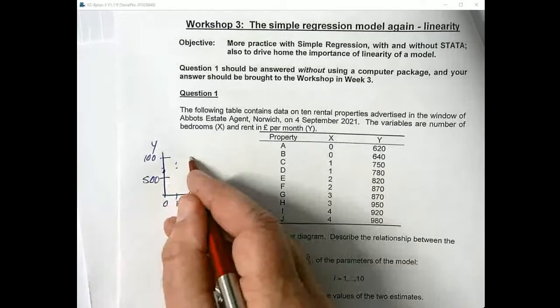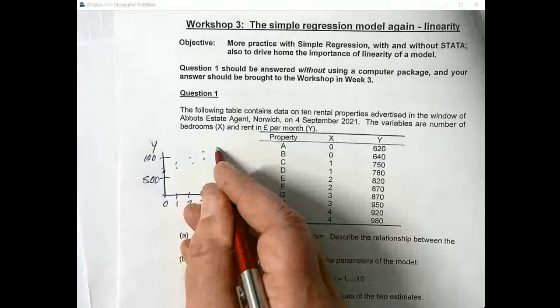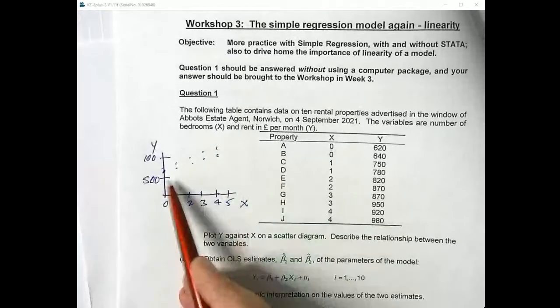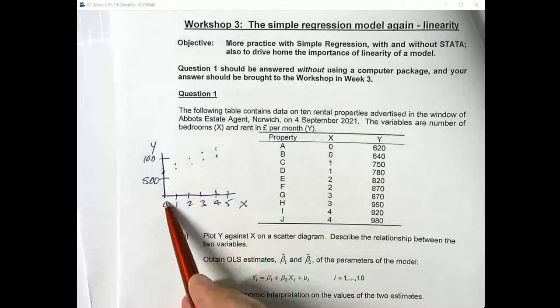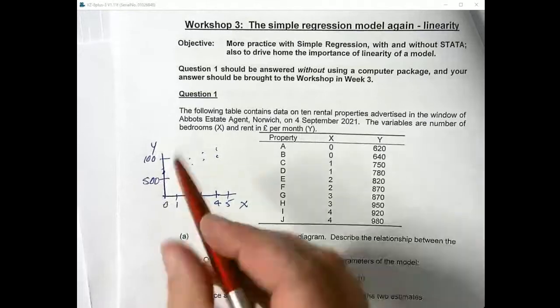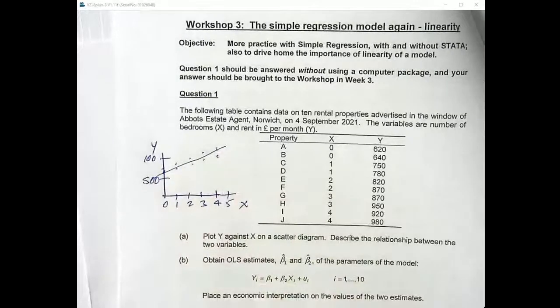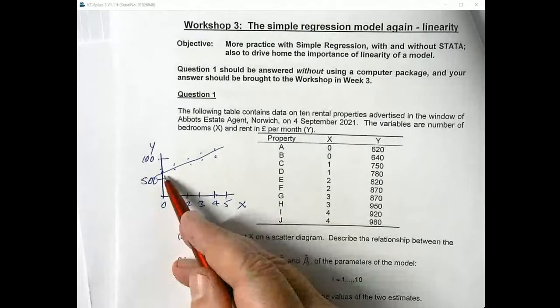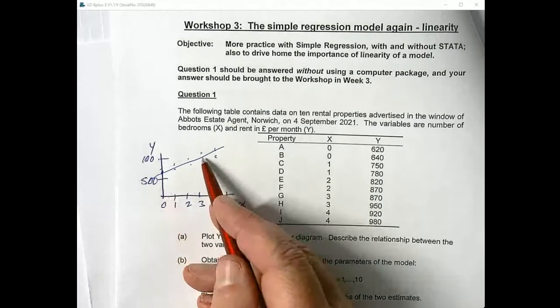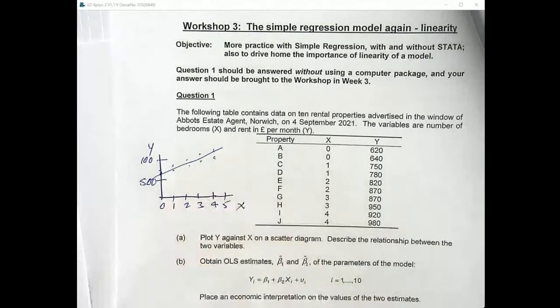You'll find that the data looks something like this. Starts at 0. Again, the problem is to fit a straight line through the data, and to interpret the intercept and the slope. Now, just one thing, don't start talking about normal goods and necessities.